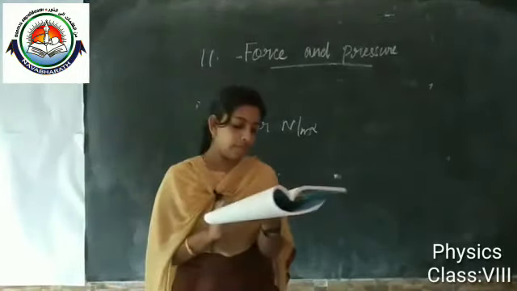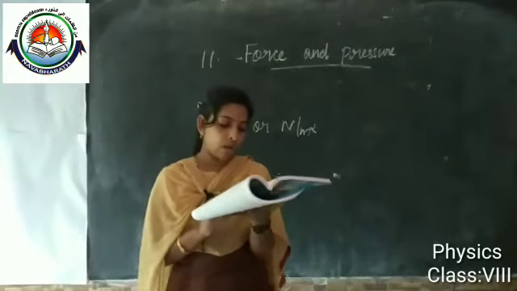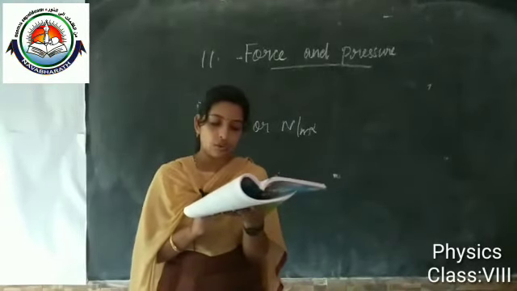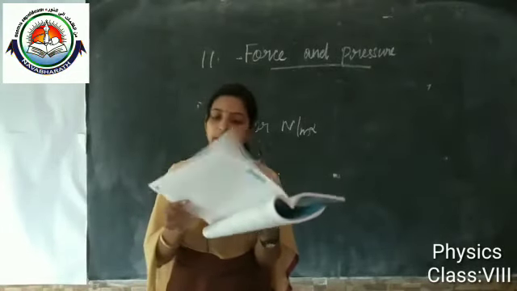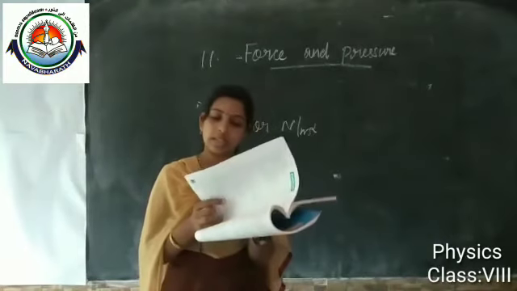Then the seventh one: explain why a wide steel belt is provided over the wheels of army tanks. Page number 123, you can see the answer.